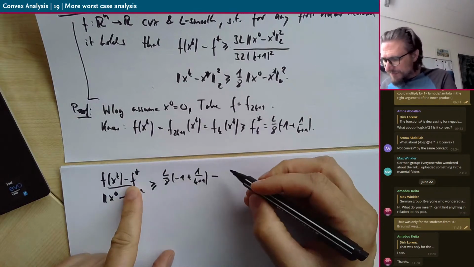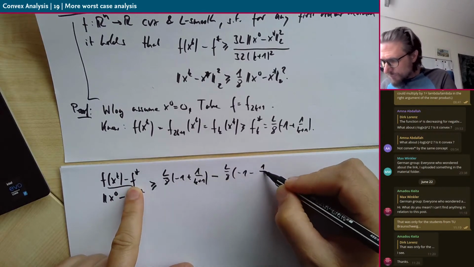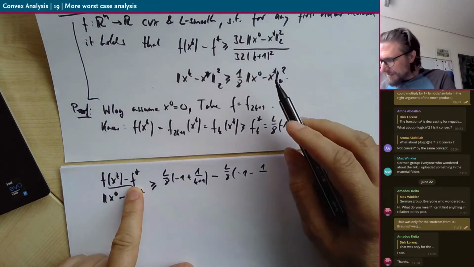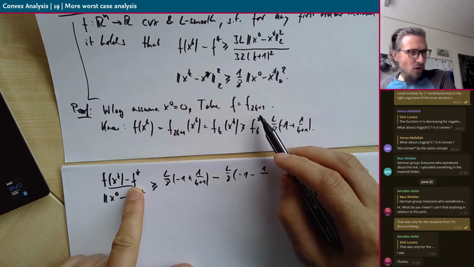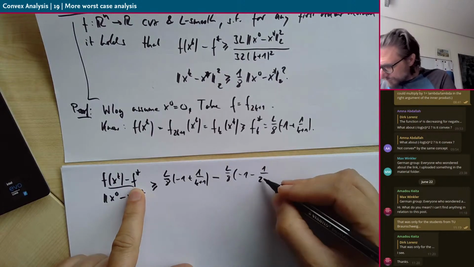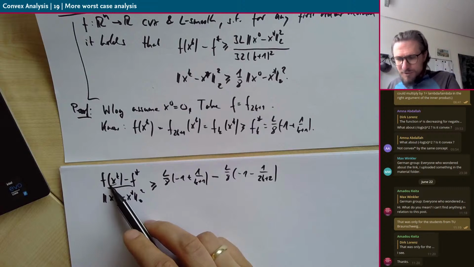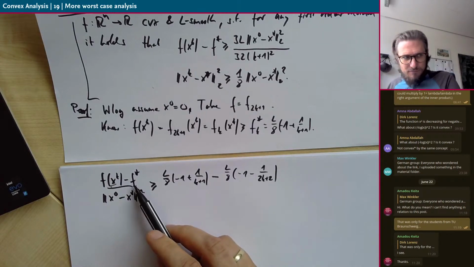So the minimum value is L over 8 times (minus 1 over, and then for k I have to plug in 2k plus 1, which gives us 2k plus 2). So we estimated this from below, but we took this one exactly.